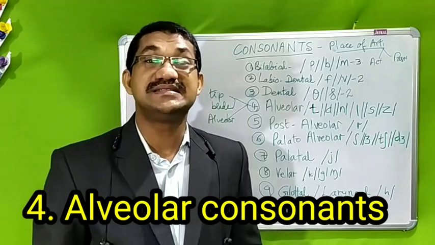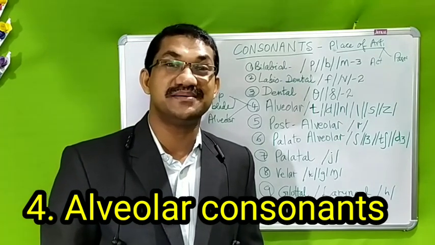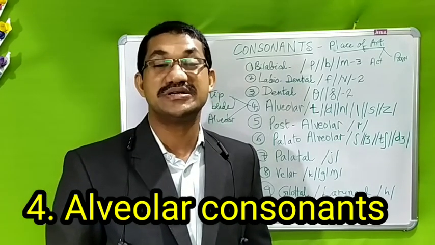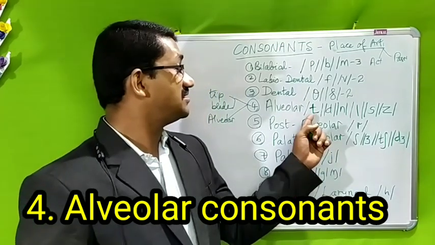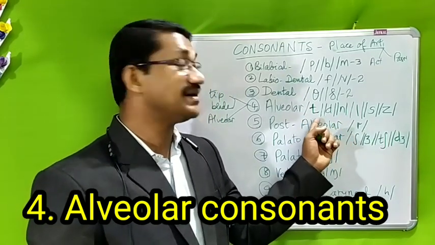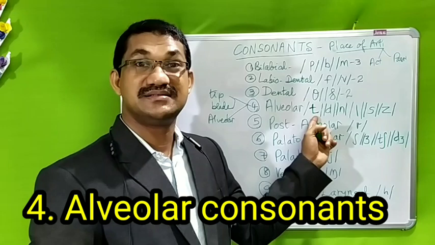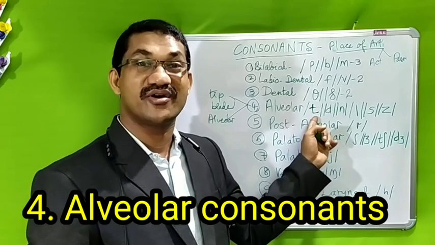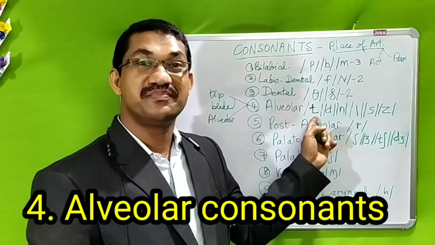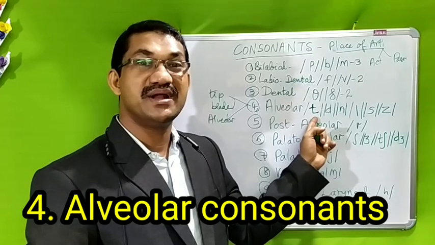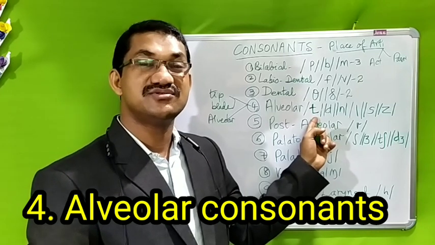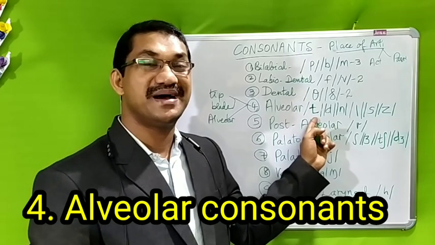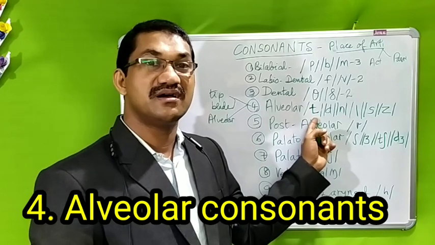And we say tiger, burning bright, we have in fact some 6 sounds there. The blade of the tongue is against the alveolar ridge, the hard palate, and we say tiger.